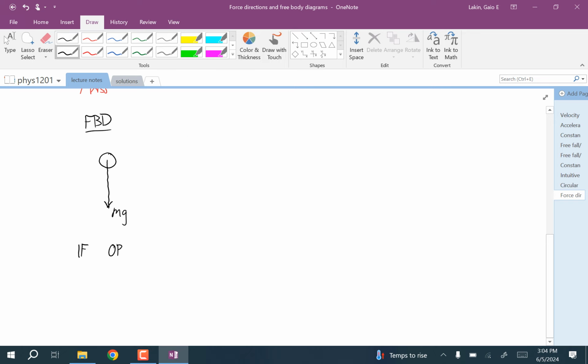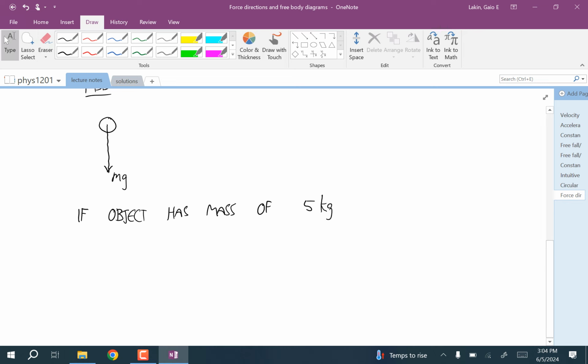If the object has a mass of 5 kilograms, then the free body diagram would look like the object with the weight force acting down.